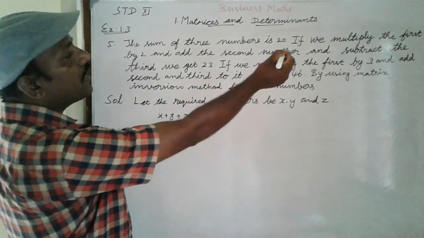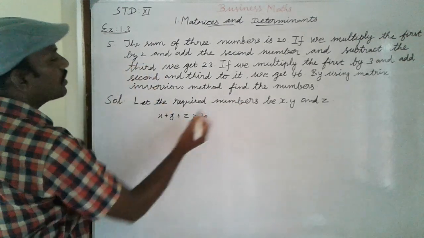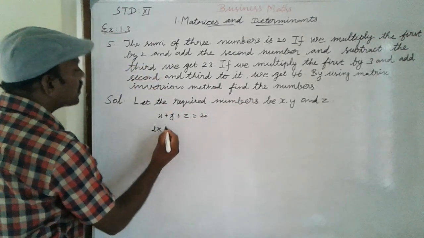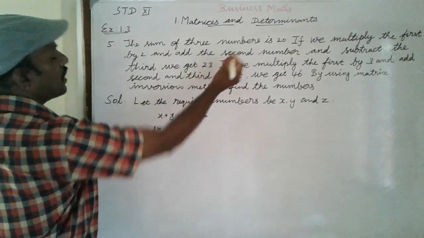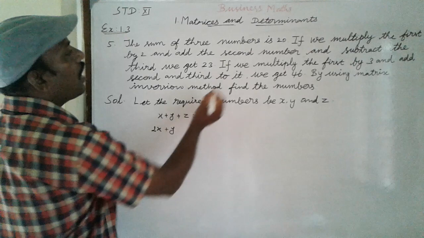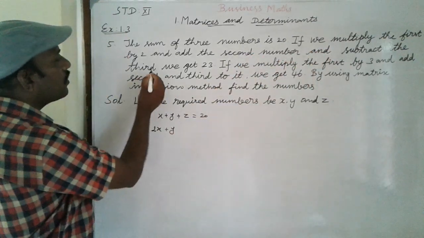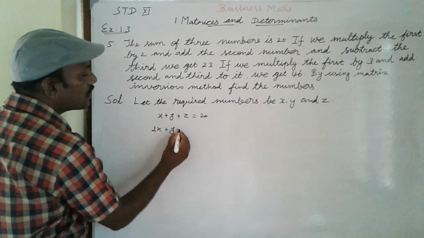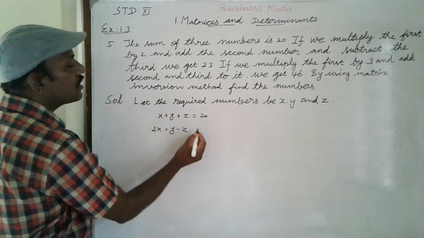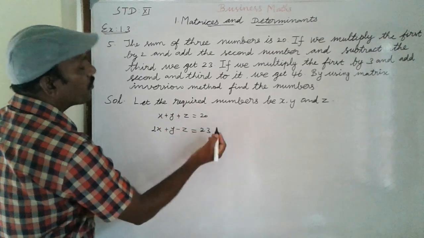If we multiply the first number by 2, we get 2x, add the second number y, and subtract the third number z, we get 23.